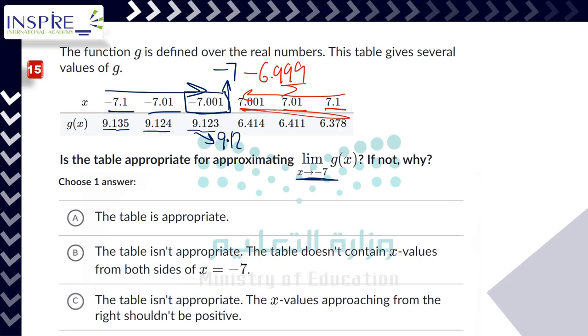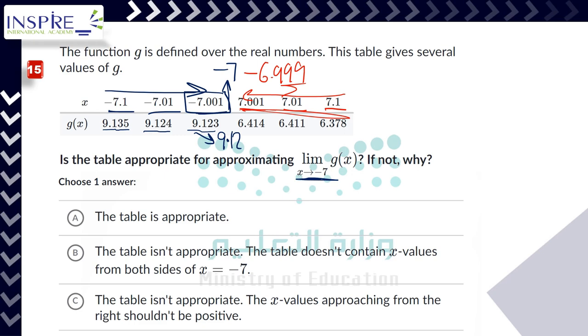Letter B, the table isn't appropriate? Yes. But why? The table doesn't contain x values from both sides of x equal -7? Okay, let's check this one. Do you have numbers smaller than -7? Yes, we have -7.1. This -7.1 is smaller than -7.